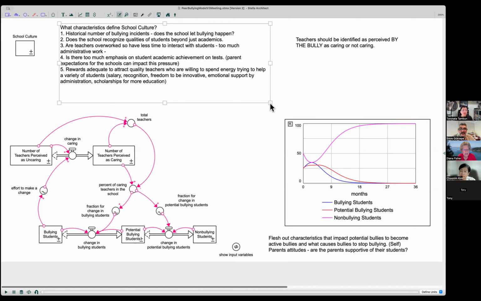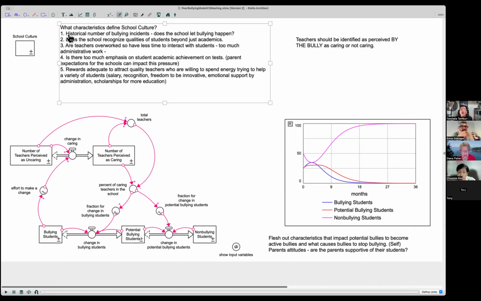We have two suggestions from Tony, I think. Diana's comment on the BOT, the behavior over time graphs, you mentioned that it indicates resistance.